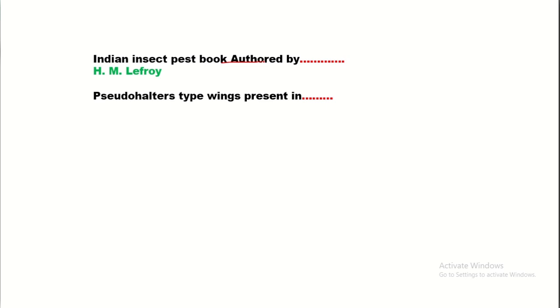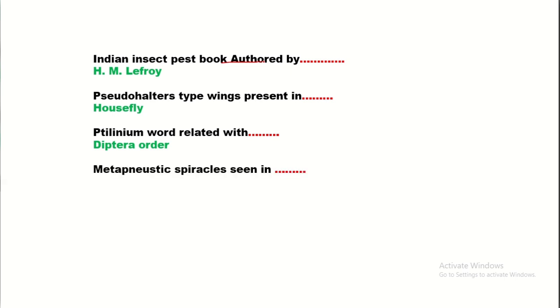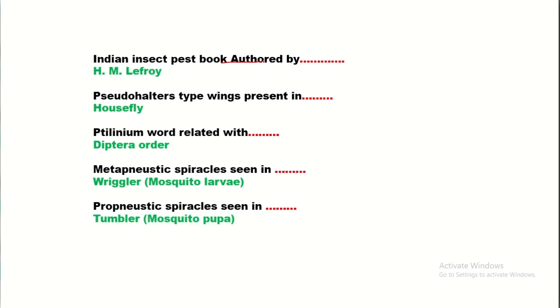Pseudohalters type wings are present in housefly. Telenium word related with Diptera order. Metapneustic spiracles are seen in wriggler, that is mosquito larva. Propneustic spiracles seen in tumbler, that is mosquito pupa. Fringed type wings are seen in thrips.